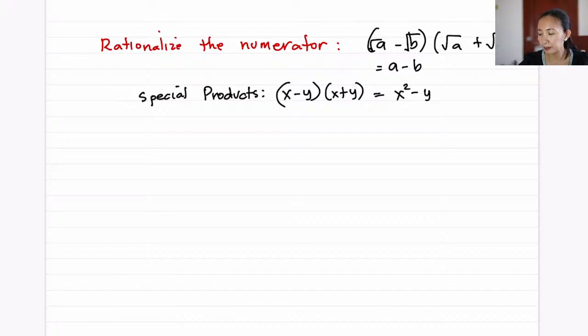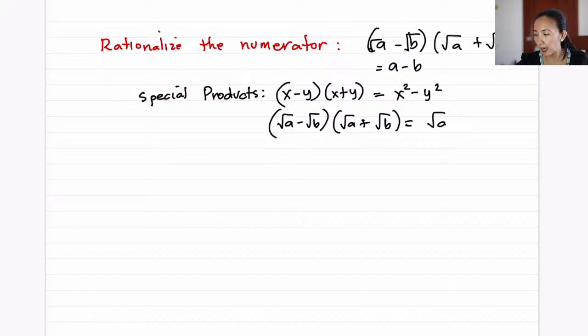So, if I have square root of a minus square root of b multiplied by square root of a plus the square root of b, then that's the same as the square root of a squared minus the square root of b squared, or simply a minus b.